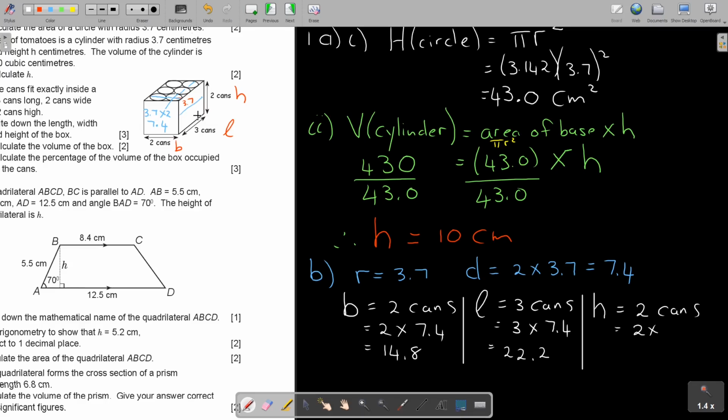The height is not the radius. The height of each can, that height was 10. And then this one will also be 10. So it will be 2 times that height, 10, and that will be 20.